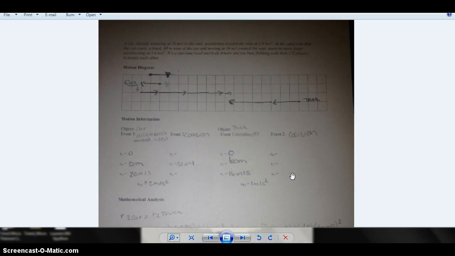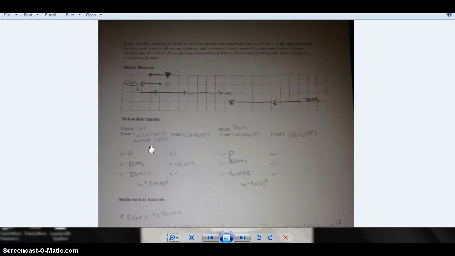And so what I did is, the first object I used the car, and I said for its event that it was accelerating towards the west, because at first, although it was accelerating towards the east, my arrow first is going towards the left, towards the east, but then it ends up going towards the west. So then it turns around and starts accelerating and goes towards the west. So that's why my event starts there.